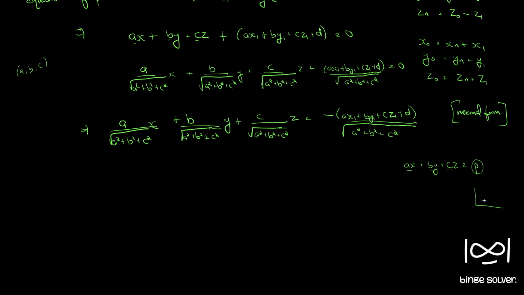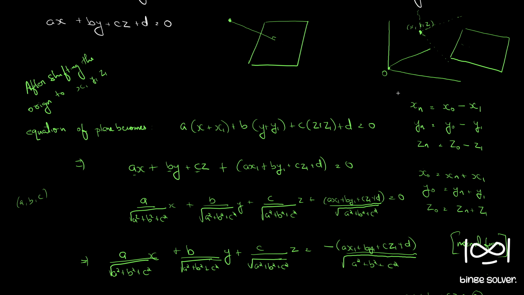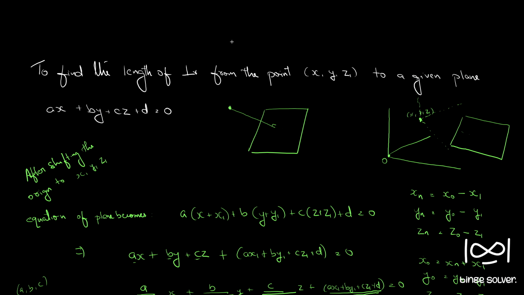If we have a plane like this, the perpendicular distance from the origin to the plane will be p. Here we shifted our origin to this new point, and this new point is the origin now. So the distance from this new origin to the plane is what we need to find.